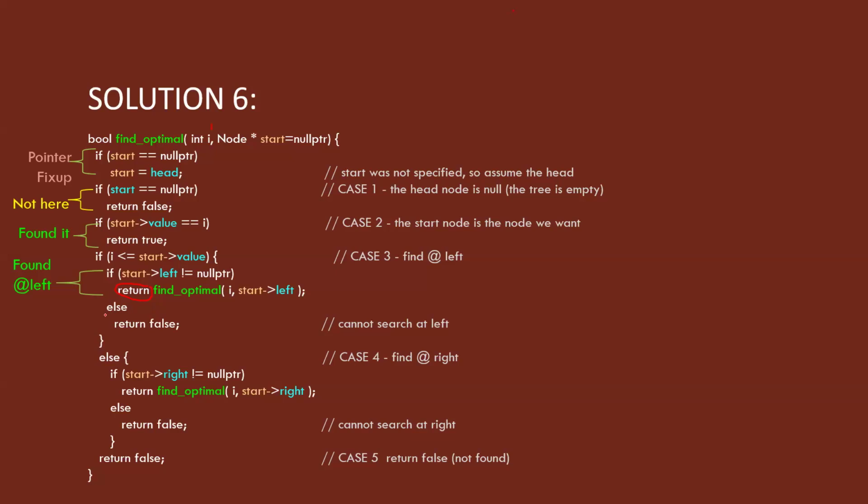And then otherwise, if that's null, then we know it's not there. So we're going to pass a false up the recursive stack. And then the right side is just the mirror reflection. The else is like, hey, it should be on the right side. So do that similar kind of thing.